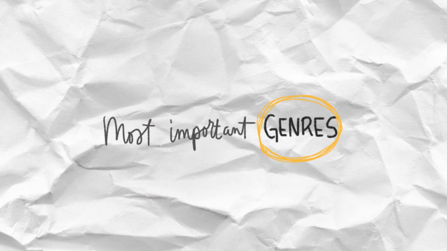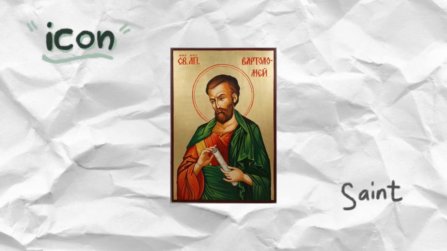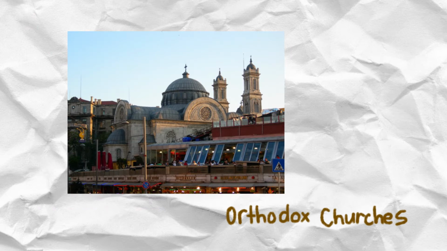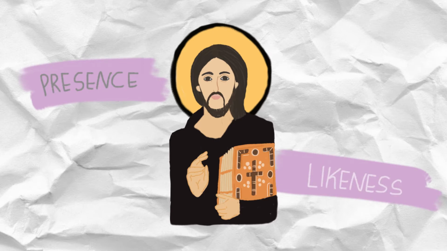One of the most important genres of Byzantine art was the icon, an image of Christ, the Virgin, or a saint used as an object of veneration in Orthodox churches and private homes alike. Icons were more religious than aesthetic in nature, especially after the end of iconoclasm. They were understood to manifest the unique presence of the figure depicted by means of a likeness to that figure maintained through carefully maintained canons of representation.